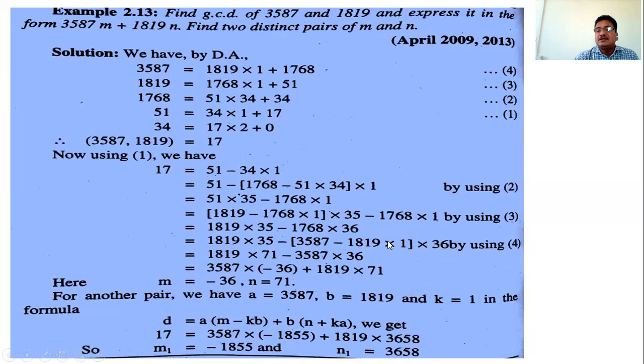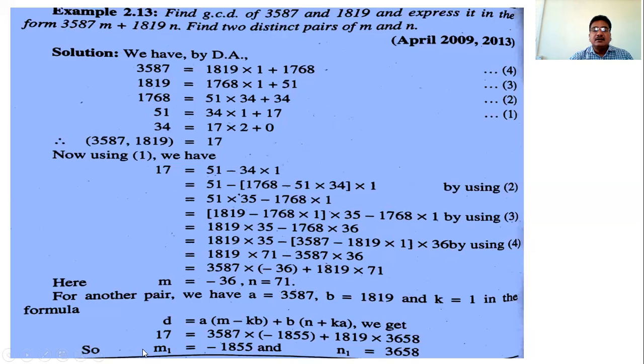Now write it in the form 3587 into minus 36 plus 1819 into 71, and therefore m becomes minus 36 and n is 71. These are the two values of m and n.